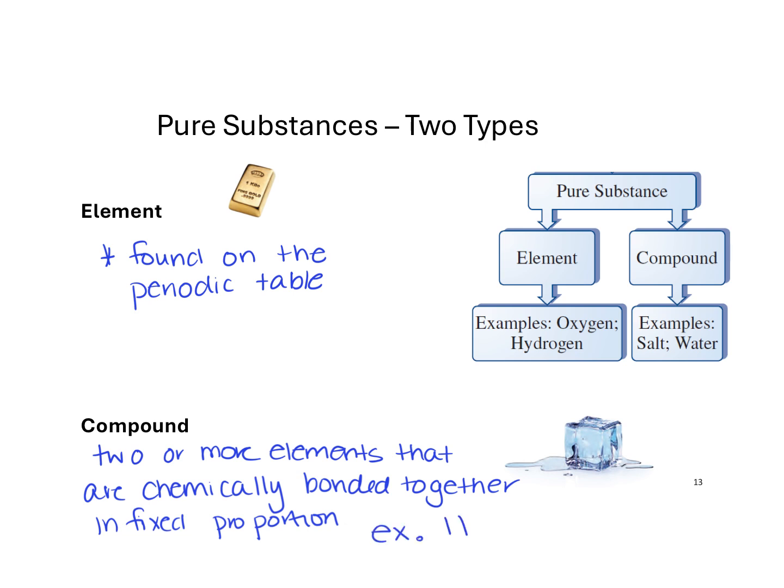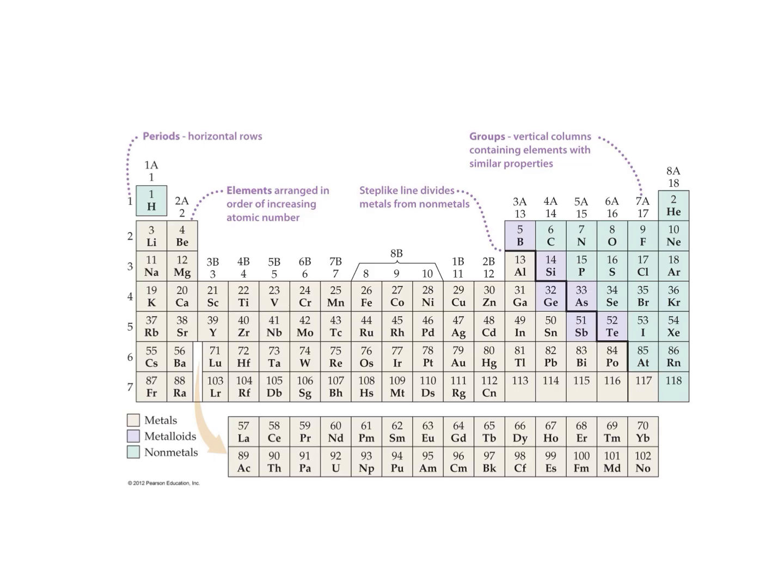The chemical formula for water is H2O. That means there are two hydrogen atoms for every one oxygen atom, but these are bonded together. These cannot be broken into the individual elements by physical reactions, right? It would take a chemical reaction to break these apart. So I want us to look just really briefly at the elements, and I want to point a few things out.